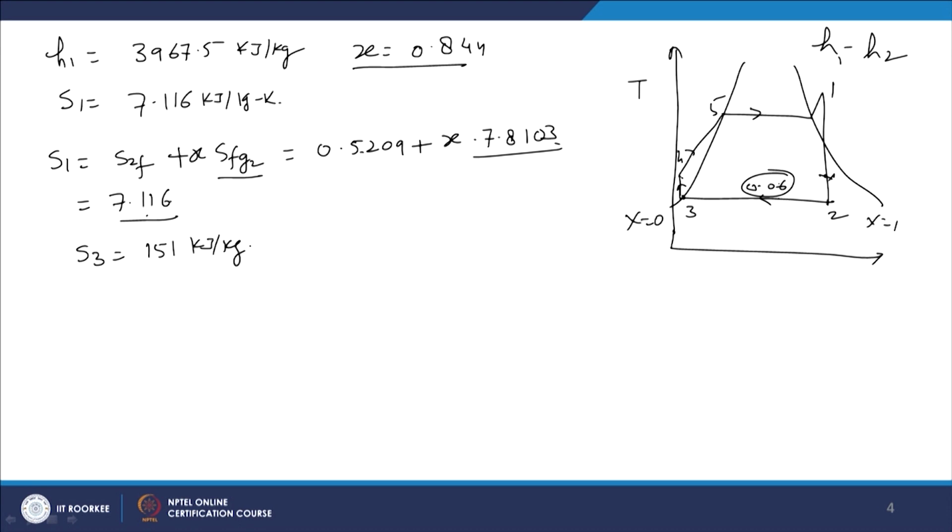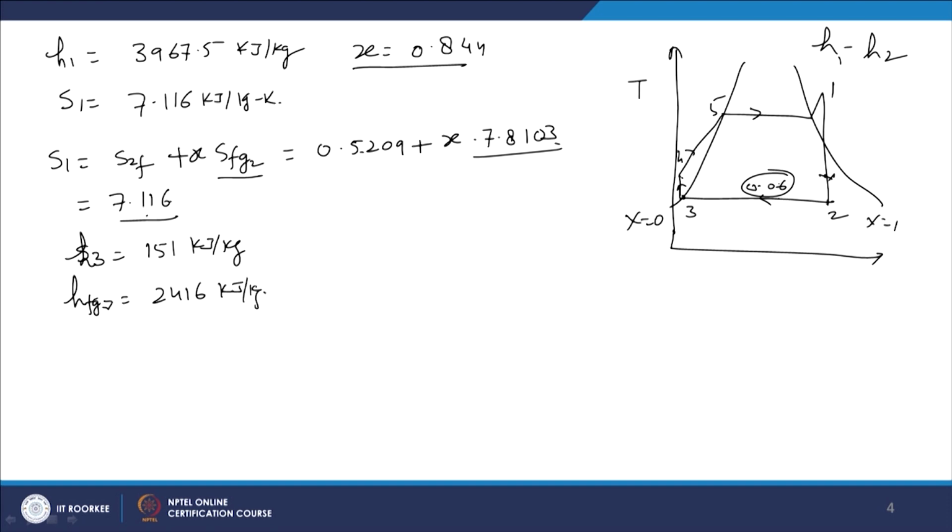So the enthalpy of the liquid at this pressure, that is not S3, it is H3, enthalpy at 3, is 151 kilojoules per kg, and latent heat HFG at 3 is 2416 kilojoules per kg.